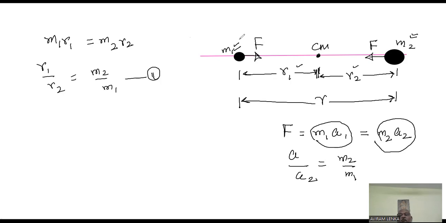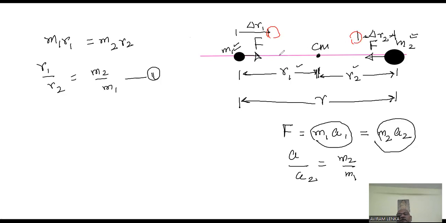When M1 starts to move, after some time M1 has covered a distance delta R1, and M2 has covered a distance delta R2, or delta X2, whatever you say. These will be the new positions of M1 and M2.